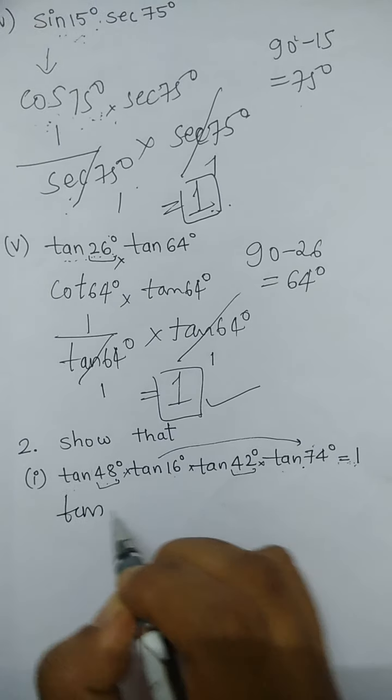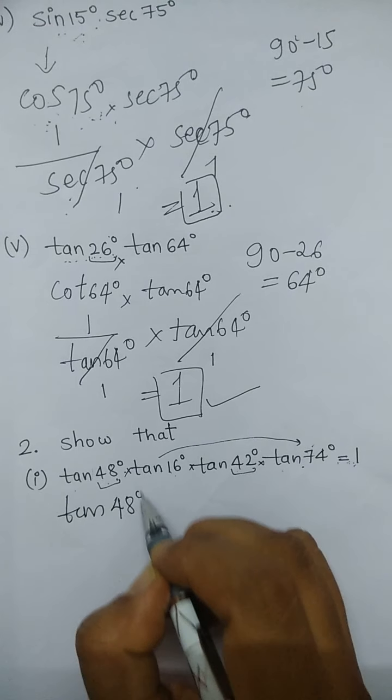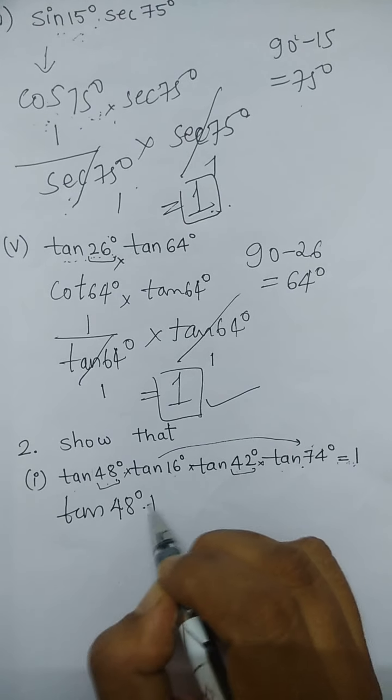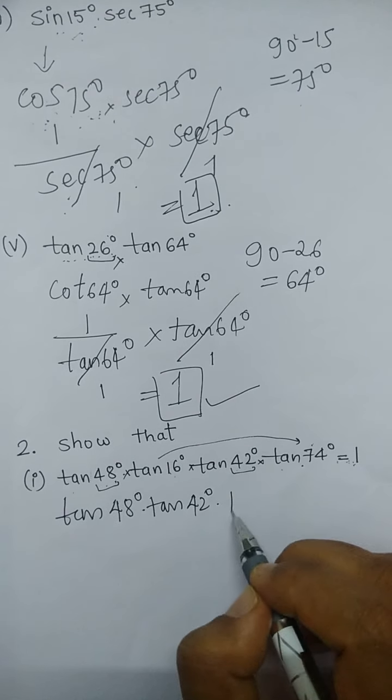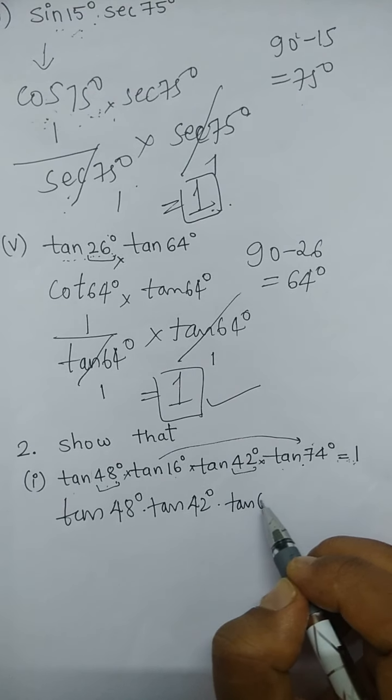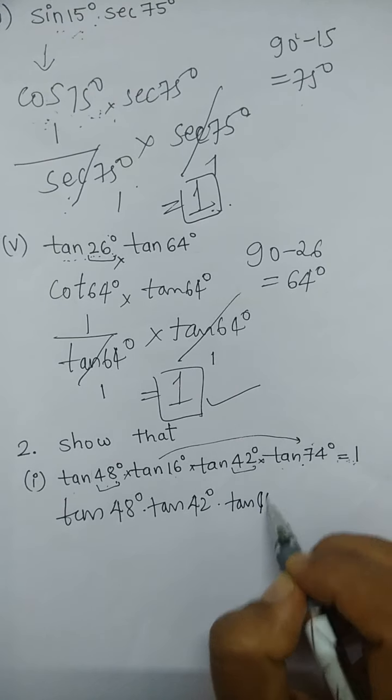So tan 48 degree into tan 42 degree into tan 16 degree into tan 74 degree is equal to, here we are considering the left hand side. We have to show that this value is 1. The product of all these is coming as 1.